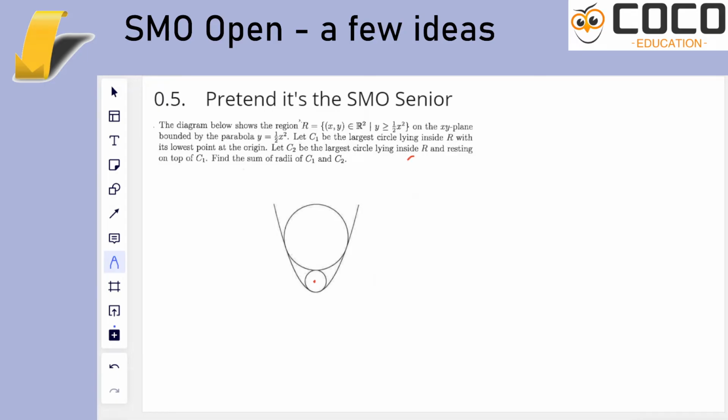So we can start with saying that C1 has a center by symmetry 0, r, and the radius is r. So x squared plus y minus r squared equals to r squared.